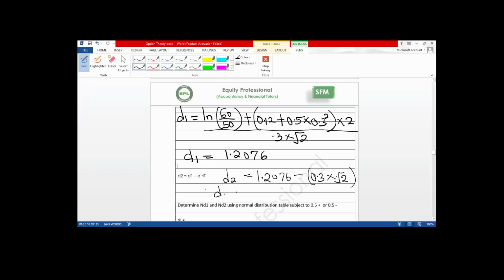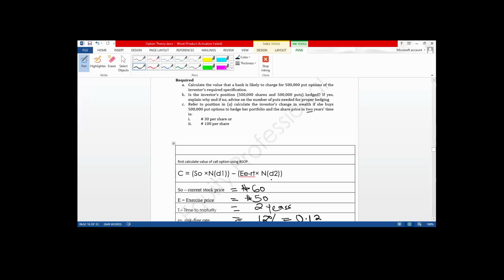D2 is 0.7833. You have resolved D1 and D2. Next, N(D1) and N(D2).